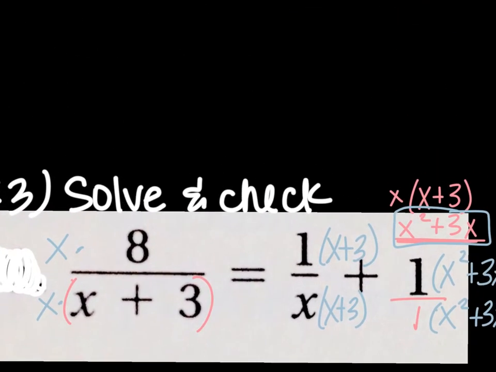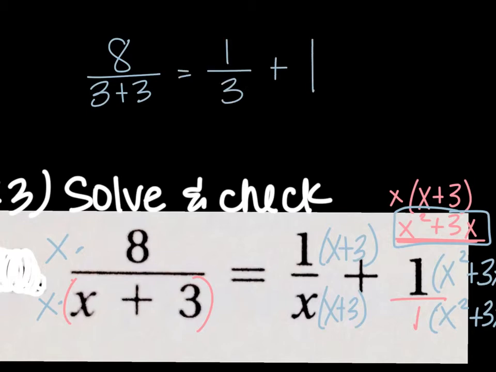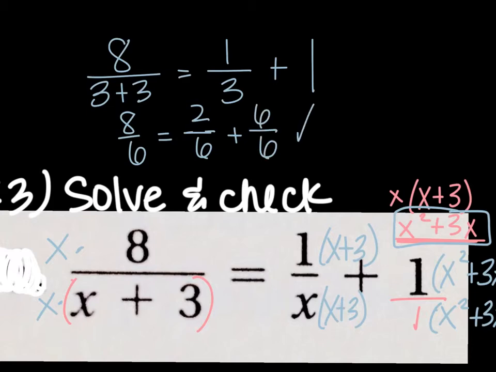So if I plug in 3, I get 8 over 3 plus 3 equals 1 over 3 plus 1. 8/6 equals 1/3 plus 1. Well, I have to have a common denominator, we know. So 1/3 is really 2/6, and 1 is really 6/6, so that's right.